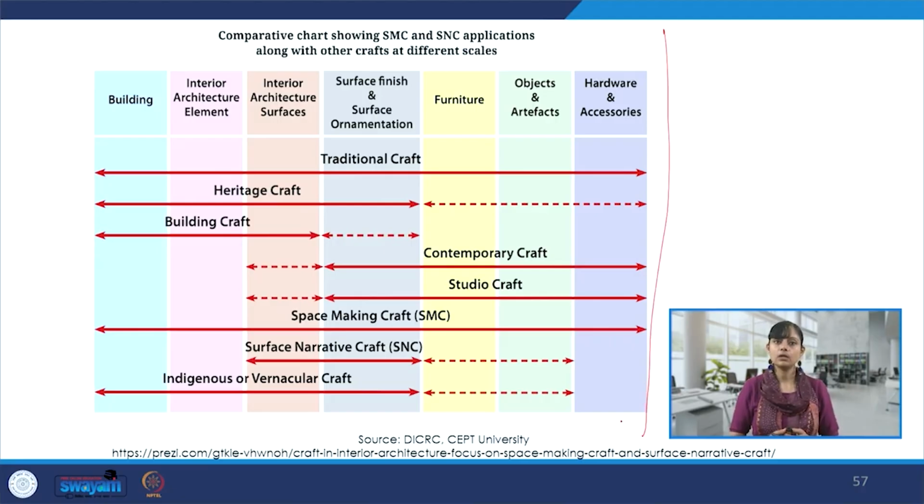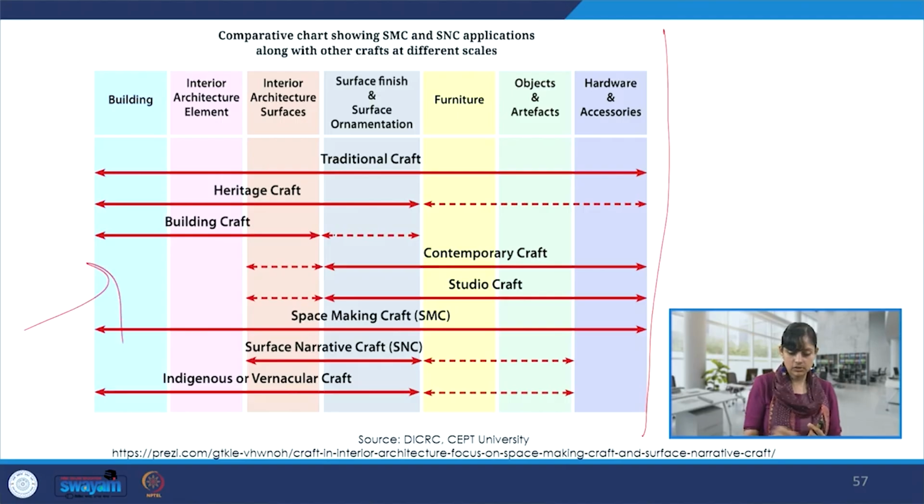We saw a comparative chart showing the SMC and SNC applications along with other crafts at different scales. We saw a lot of examples from Uttarakhand. We saw the classification of crafts. We saw the application at different scales within different spaces in one of the lectures.